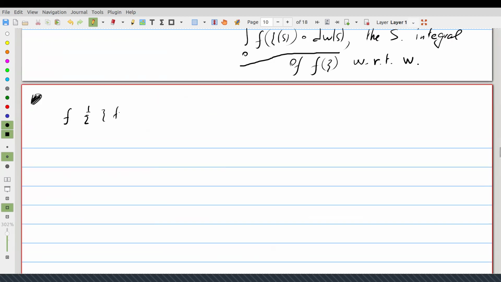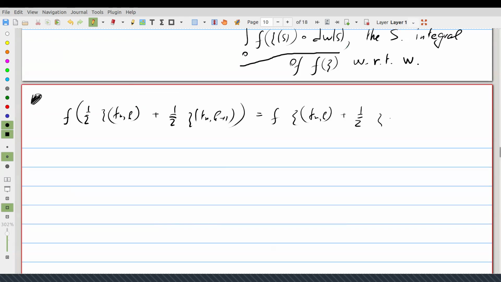So I will use the Taylor formula, literally the Taylor formula, almost surely. This equals f psi t n k plus 1/2 psi t n k plus 1 minus psi t n k.